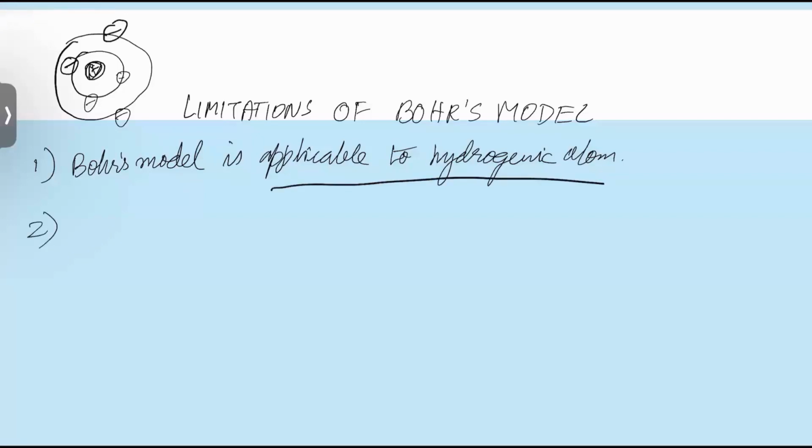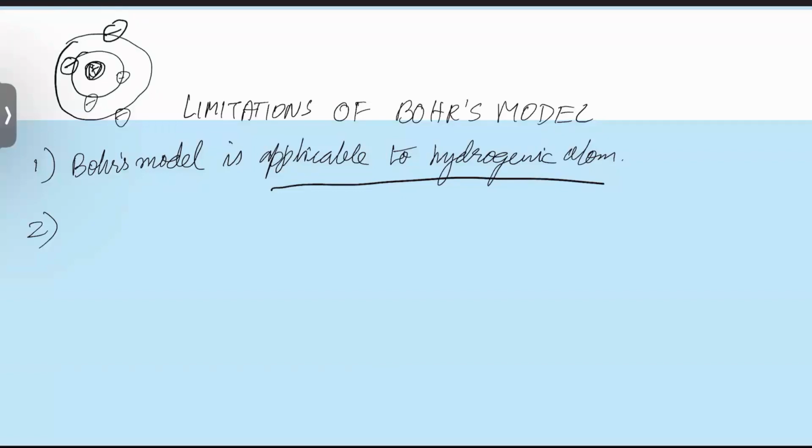The next limitation is that Bohr's model correctly predicts the frequency of light emitted by hydrogen atoms only. But the model is unable to explain the relative intensities of frequencies in the spectrum.